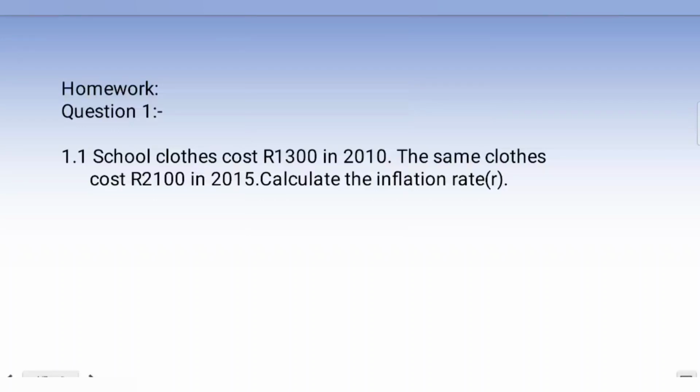Calculate the inflation rate. Here, which formula are you going to use? The compound interest formula, because of the inflation. Remember, if it is inflation or population growth, we use the compound interest formula, isn't it? And you have to find r. Okay, so just try yourself.